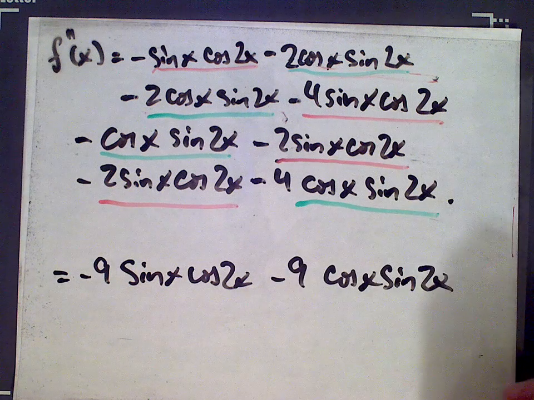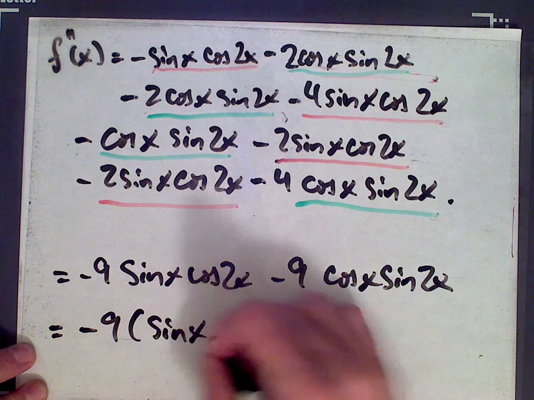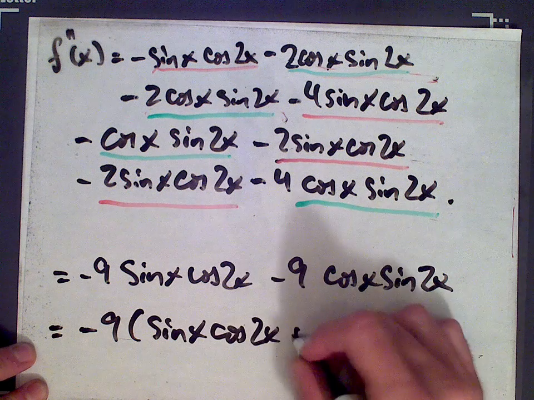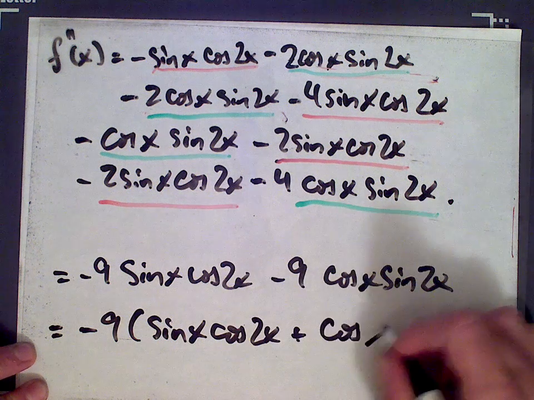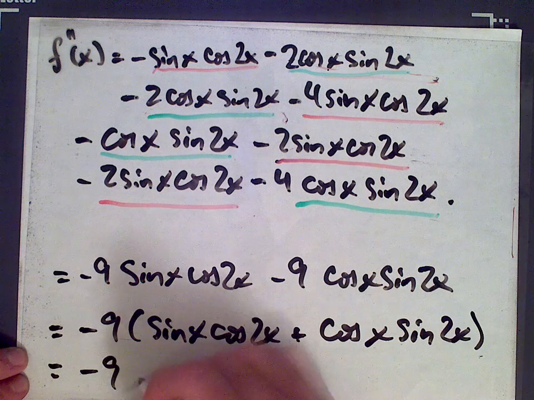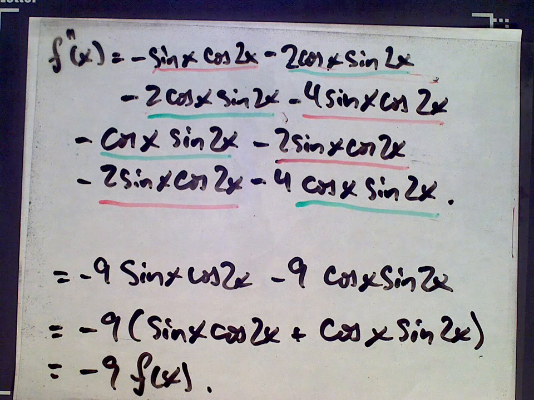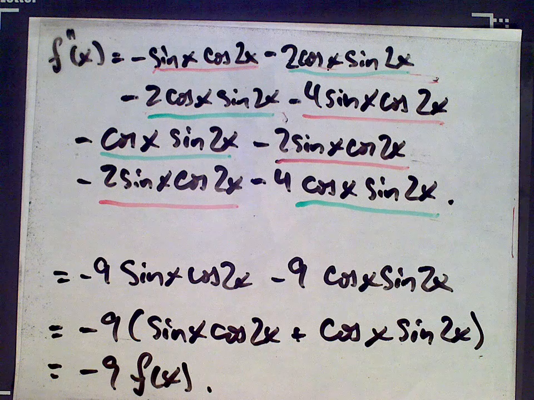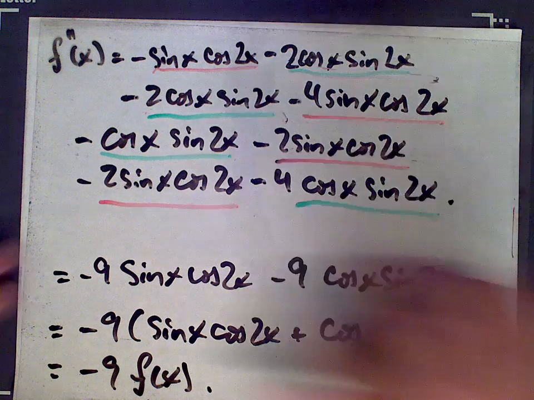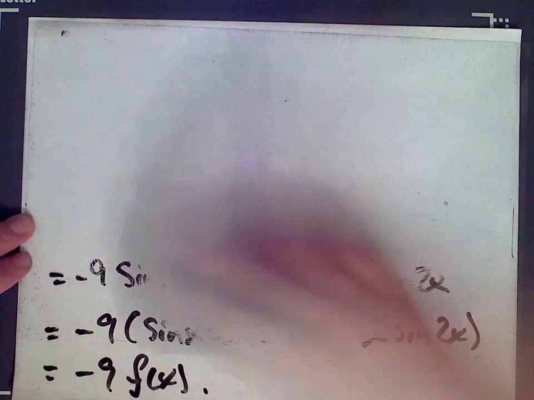So we get this, and now we start to see a pattern. We have negative 9 times sine x cos 2x plus cos x sine 2x, which, as you'll notice, is negative 9 times f of x. So if we take the second derivative of f, we get negative 9 times f. So what would happen if we took, say, the fourth derivative? We want to realize what this pattern is going to be here. So say we wanted to take the fourth derivative.